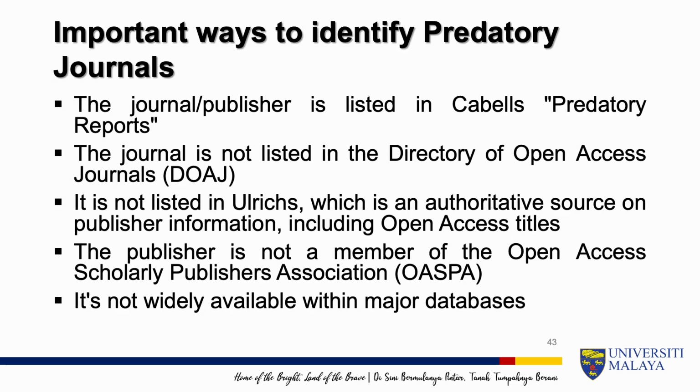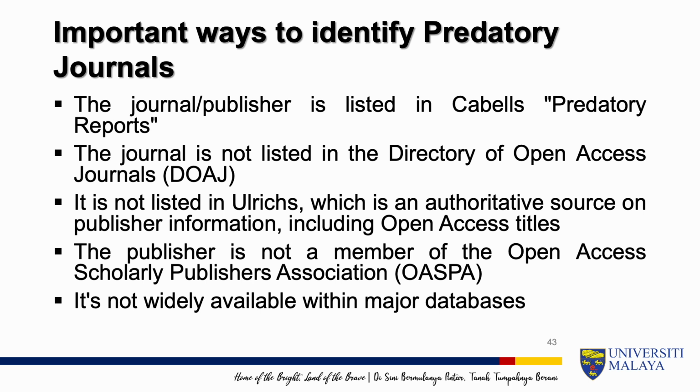So if you have some warning signs, that you identified that the article that you're submitting to a journal may be a predatory type, then you might want to identify it, isn't it? So there are ways to identify. Some say the journal or the publisher will be listed in Cabell's predatory report. These are all databases.